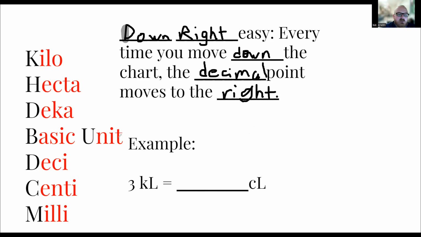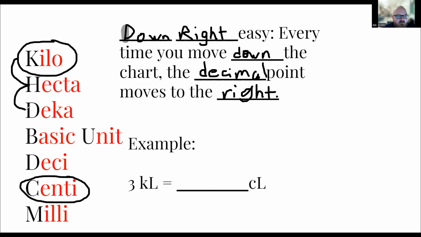It's a little tricky. So in an example, if we have 3 kiloliters, we look at where we are, which is right up here in kilo. And we want to get to, the CL stands for centiliters, all the way down here on the chart. So if I'm counting the number of hops starting at kilo, I'm going 1, 2, 3, 4, 5 hops down the chart. So if I'm moving 5 hops down, I also want to move my decimal 5 hops to the right.